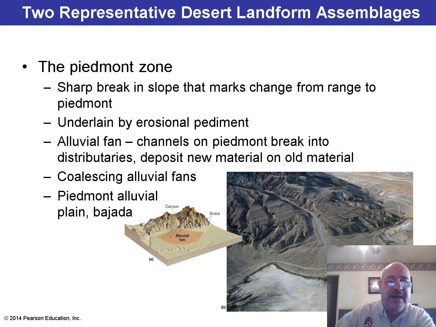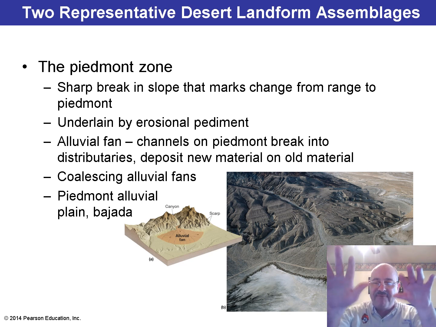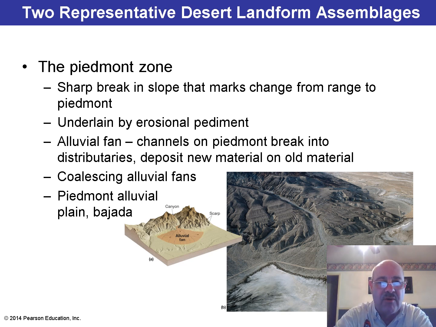All right, so the piedmont zone, pediment zone, sharp break in the slope. So that sharp break, when everything starts to flatten out and the materials start to flow out of the flow of water, that's that piedmont zone, or pediment. A sharp break in the slope that marks change from range to piedmont. Underlain by erosional pediment.